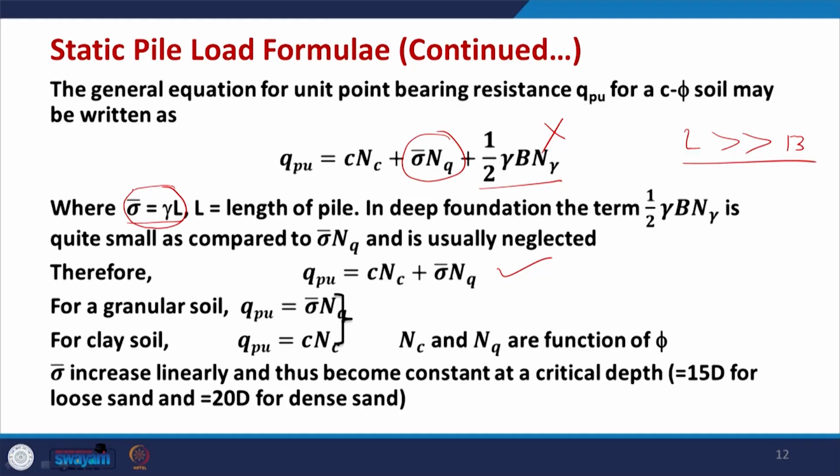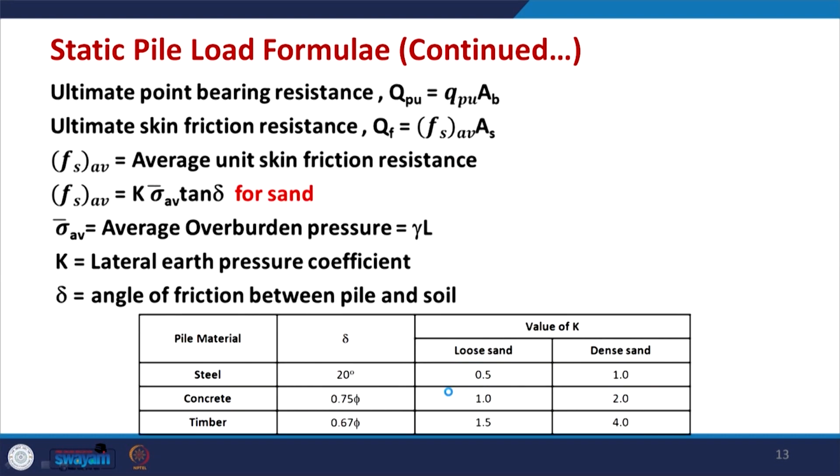The depth up to which it increases linearly and after which it becomes constant is called the critical depth. This critical depth is 15 times the diameter of the pile for loose sand and 20 times the diameter of the pile for dense sand. So, with this introduction we go ahead and use QPU for further analysis.